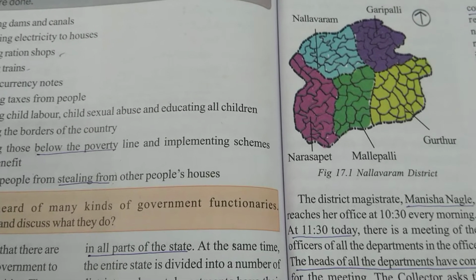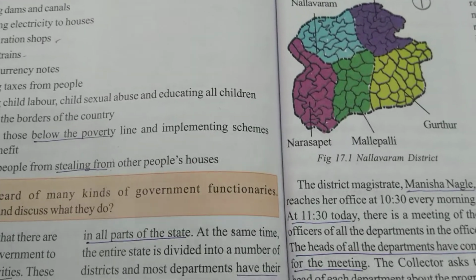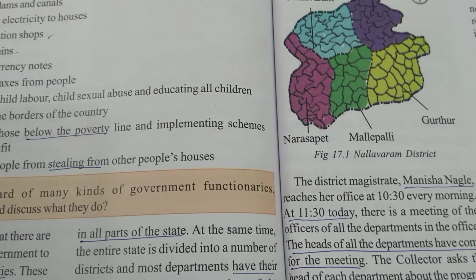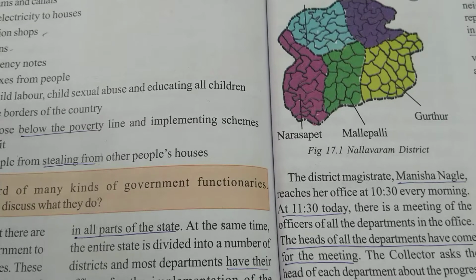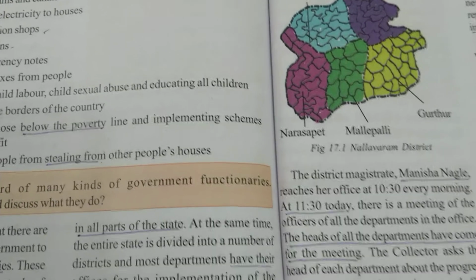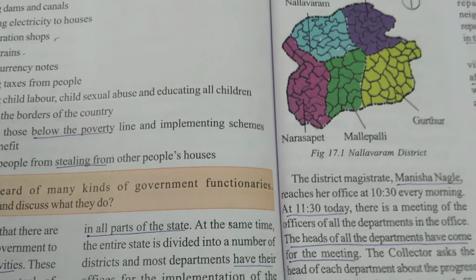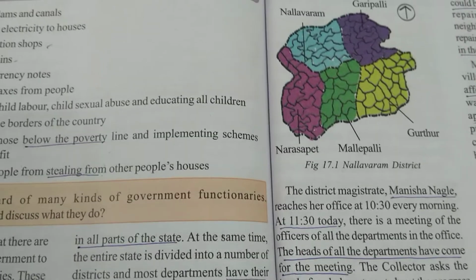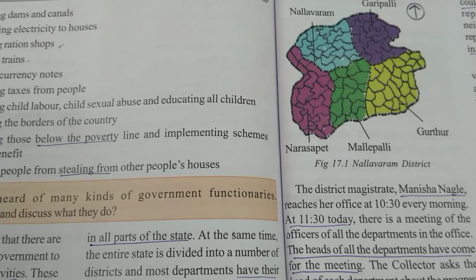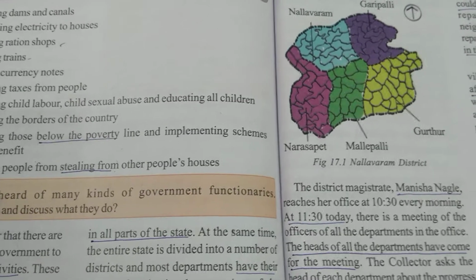Health department, education department, revenue department, like that, all departments have their offices to implement the laws or plans at the district level or mandal level. There are 31 districts in Telangana. Already you know that. In every district, different department offices are there to implement the laws and plans.